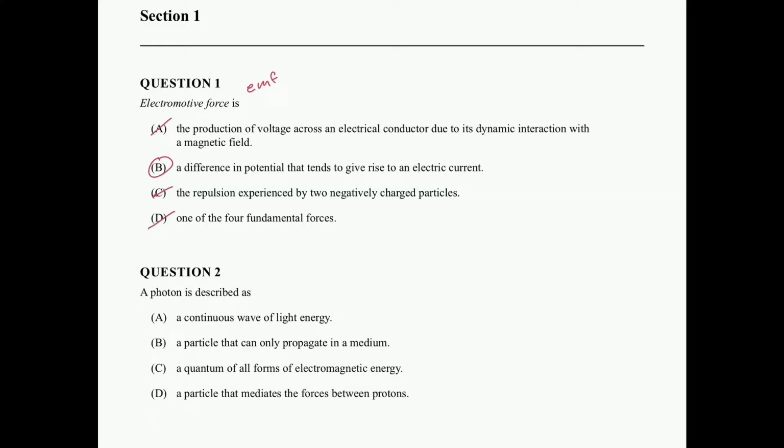Our four fundamental forces are: 1, the strong force, so strong nuclear. 2, the weak nuclear force. 3, the electromagnetic force, so not electromotive, electromagnetic. And the fourth force is the gravitational force. All right, and so that's going to answer question 1 for us.